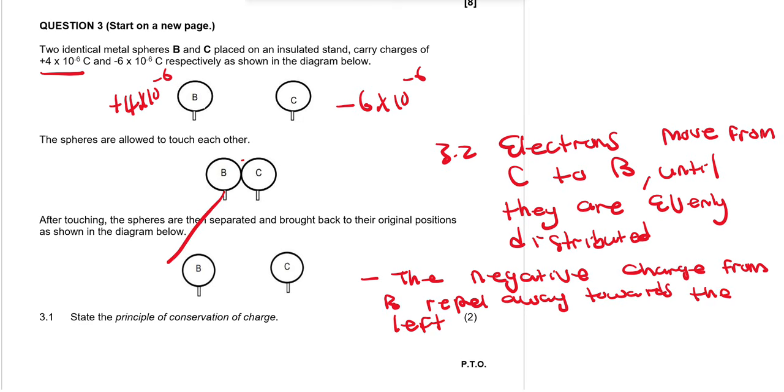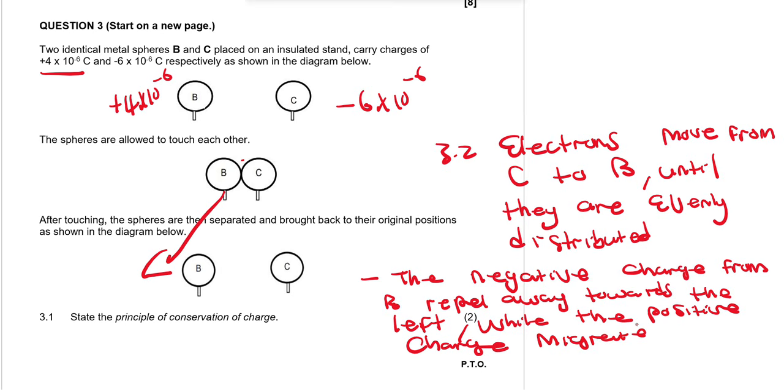You see that it moved to the left, okay, towards the left, while the positive charge migrates towards the right, towards the right, to do what?